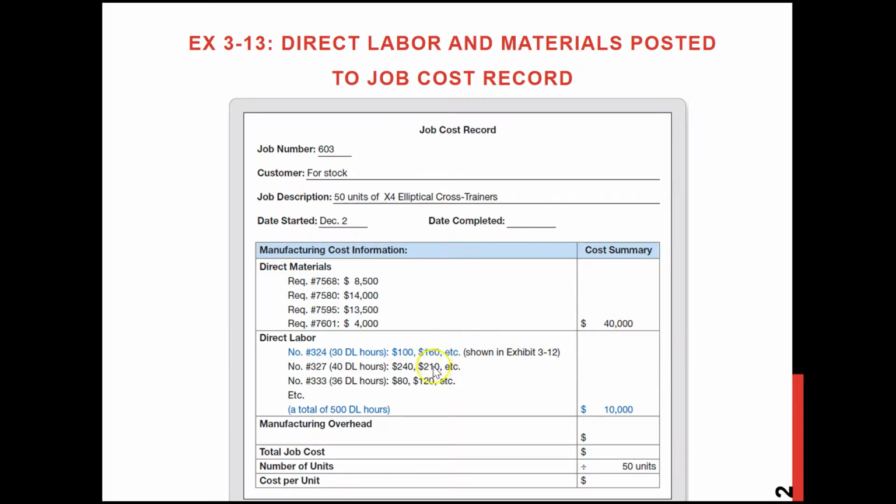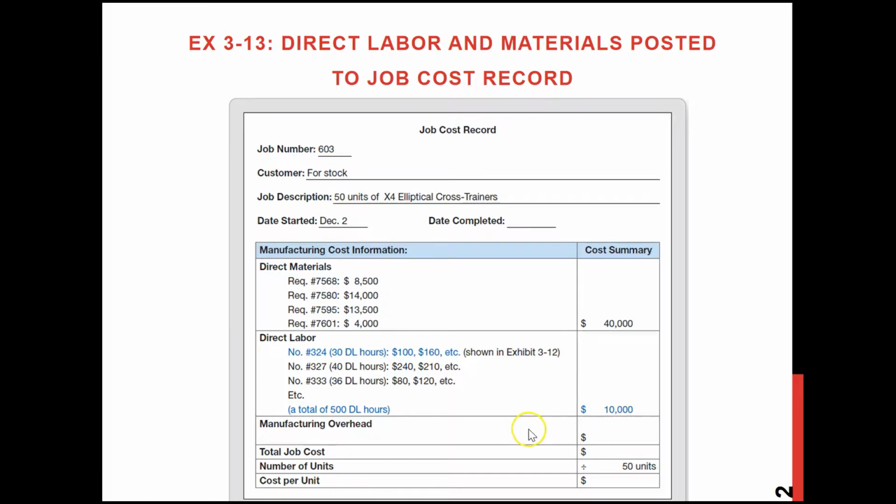And the total direct labor cost, which is based on different employees who spend different numbers of hours and have different wage rates, when they calculate all of those employees involved in that job, shows the total direct labor cost for job 603 is 10,000.